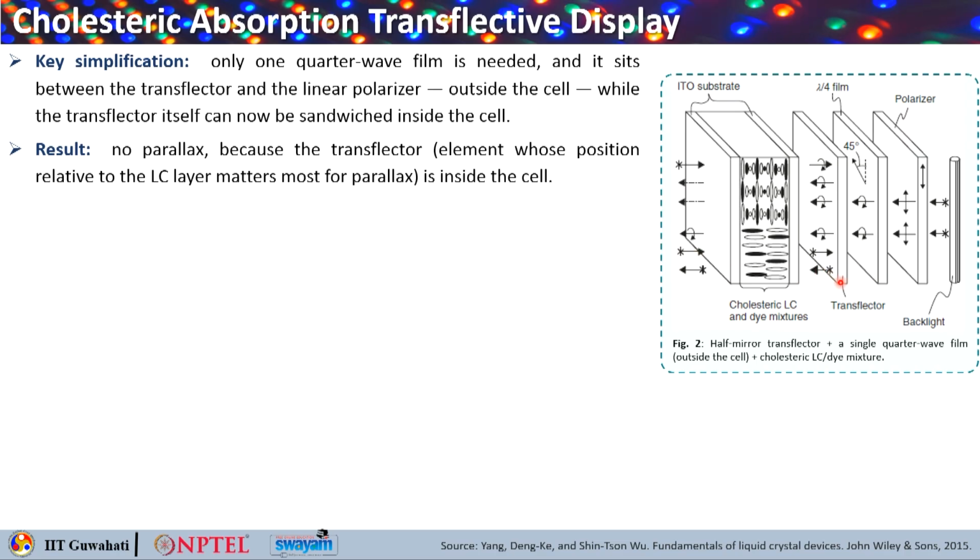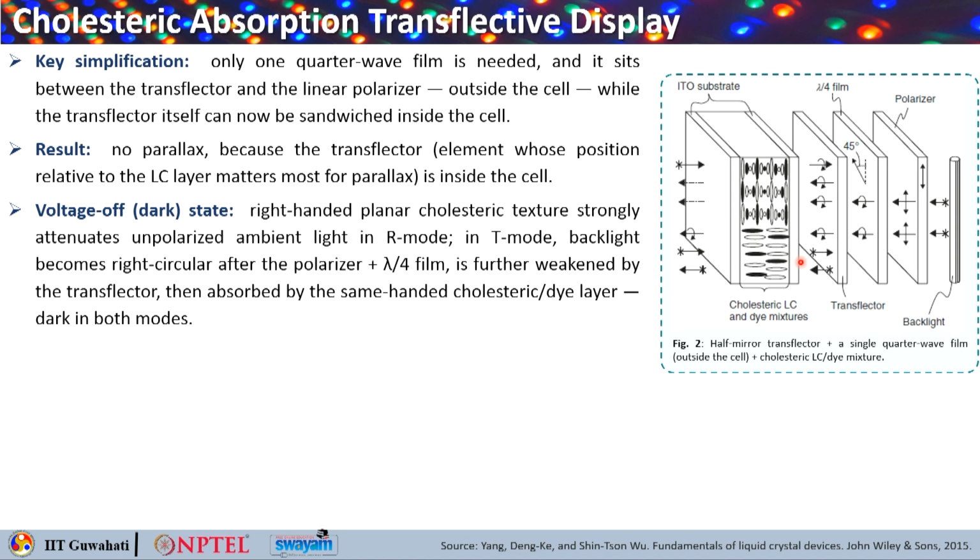Because this is now the only retarder film in the stack, and it sits outside the cell, the transreflector is freed up to be placed inside the cell, just next to the liquid crystal layer, without needing to protect a polymer retarder film from the curing bake process that we discussed earlier.